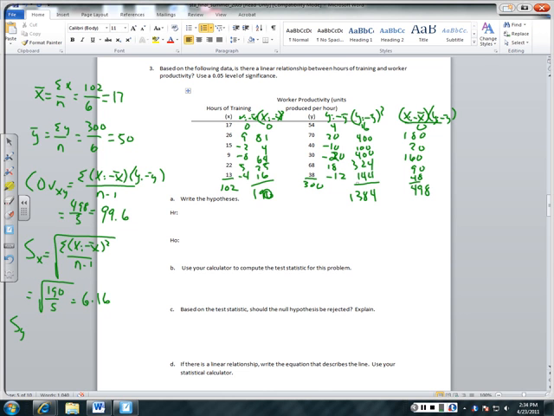And then the standard deviation of the y's, sum of the squared deviations, this time y sub i minus y bar squared over n minus 1. And that's equal to the square root of 1384 divided by 5. That's equal to 16.64.